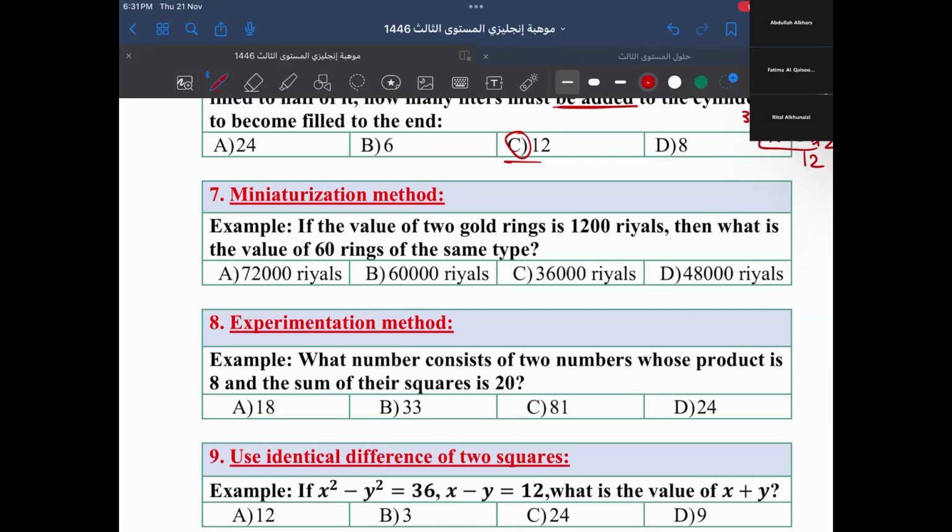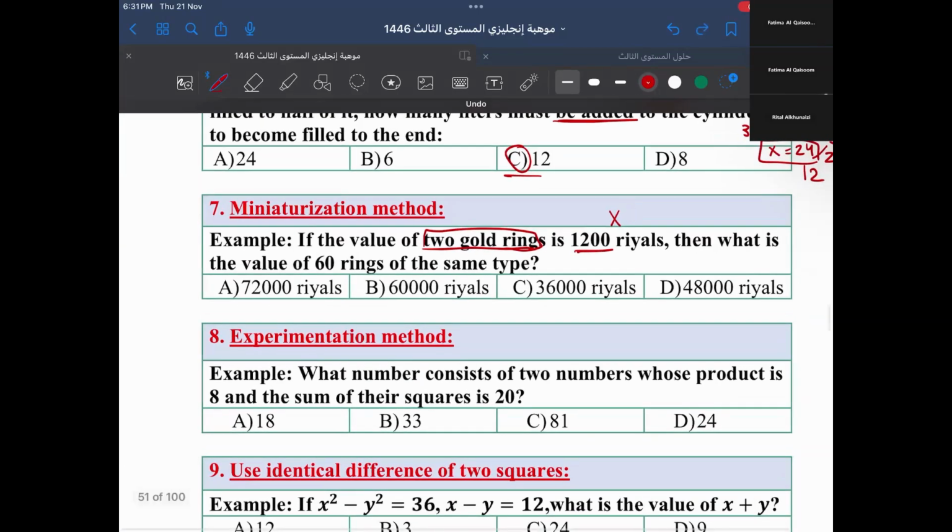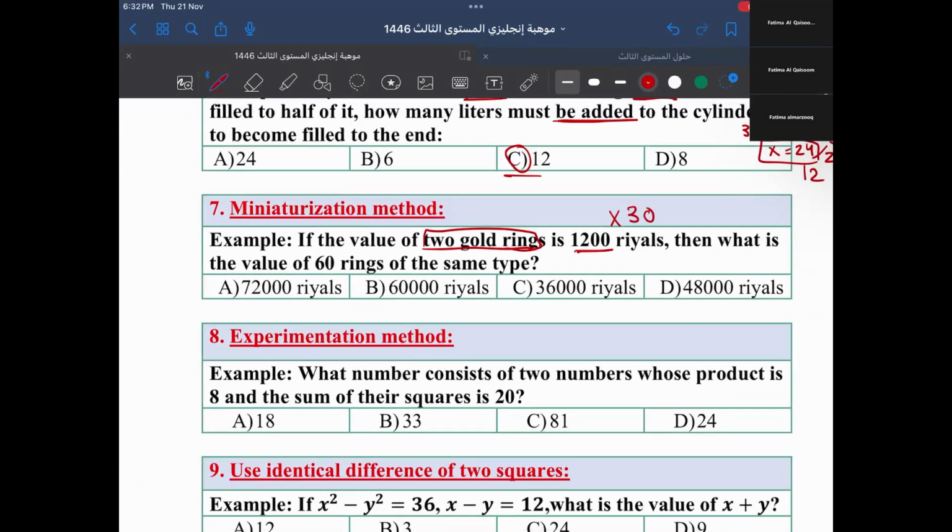36,000. Yes, excellent. So here you said if we already have the two gold rings equals 1,200, I'm just going to multiply by 30. Right?